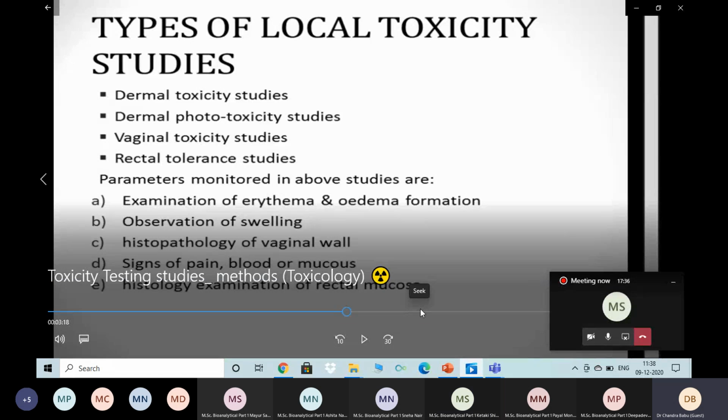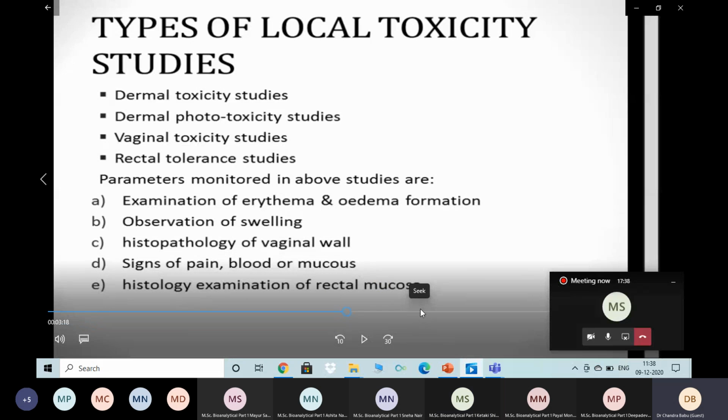Light-based sensitization, beta. Do you know something called smog? Have you heard the word smog, beta? Yes, sir. It's smoke plus fog, one of the common things which occurs in polluted regions. For example, Delhi, our capital, has a higher pollution level in the winter season because of the smog effect, because it's cold there.